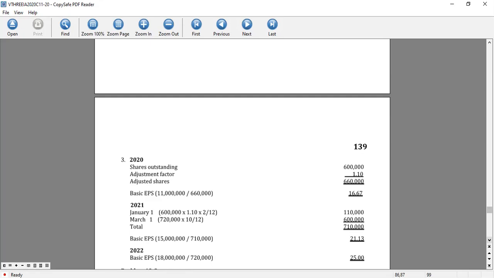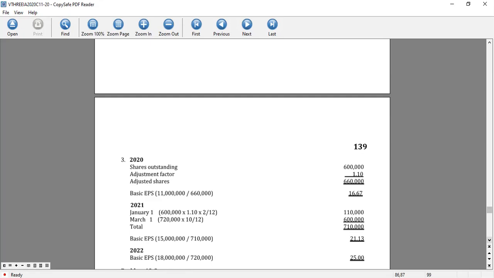In 2021, January 1, we have 600,000 shares. We multiply it by 1.10, and we have 2 over 12. So 2 over 12, as we have to use now 1/6, giving on January 1, 600,000 times 1.10 times 2 over 12 is only 110,000 from January 1 to March 1.